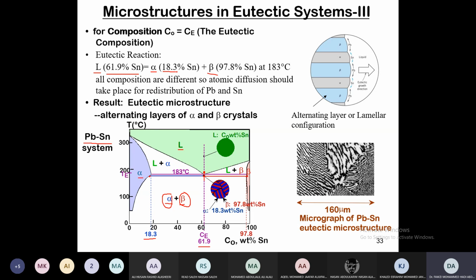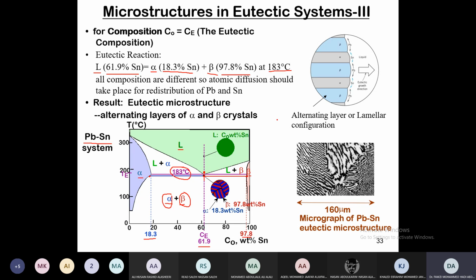And if you intersect with the beta, you drop a vertical from there, and it is 97.8. The beta phase has 97.8% by weight tin. And this happens at 183 degrees centigrade. So that's the full equation that we are having here.